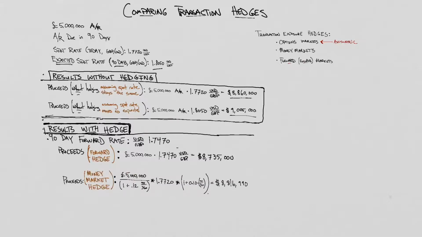And that leaves us with one additional approach to look at, and that's going to be our options market hedge. If you recall, using options has this interesting feature where it provides a hedge for us, but it also leaves a little bit of upside for us. As a result, we pay a premium to get into that.